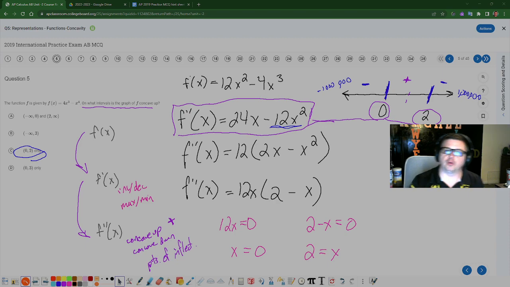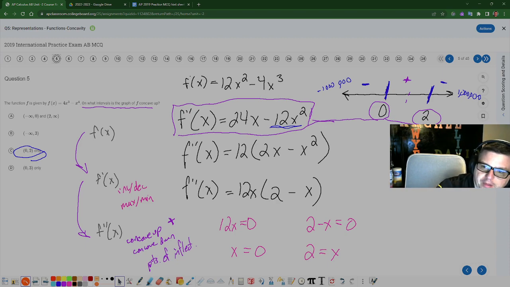And what they're looking for sometimes is these bad dads are points of inflection because it changes from concave down to concave up. Now, if we're going from decreasing to increasing, we would say that this is a minimum value if we were working with the first derivative. So I just want to give a little hint there.